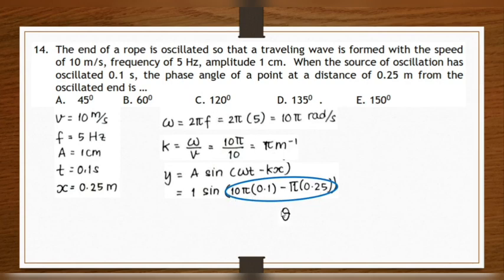This will be the theta. So if we have the equation of 1 times the sine of 0.75 pi, the question is only about the theta. So the theta will be 0.75 multiplied by 180 degrees. It will be 135 degrees. And the answer will be D.